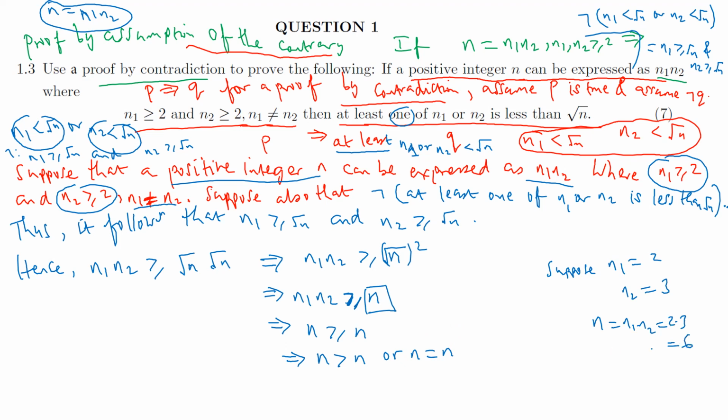So at this point, the n you're dealing with is 6. In which case, it might mean here 6 is greater than 6, which is false, or 6 equals 6. Okay, that is true. That is certainly true.